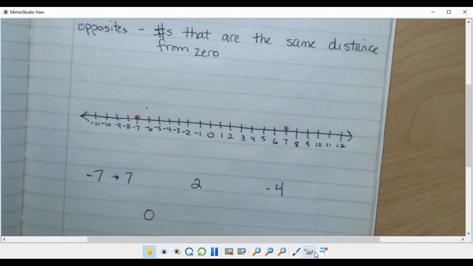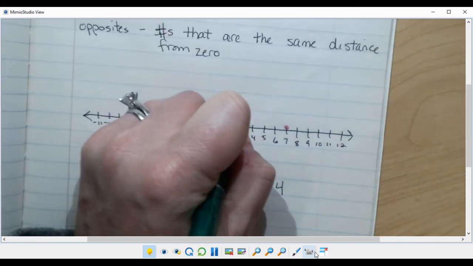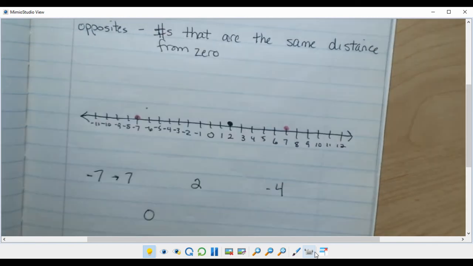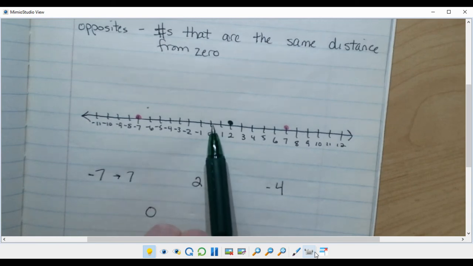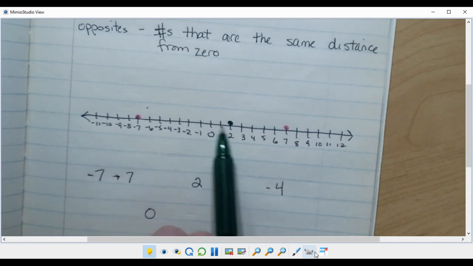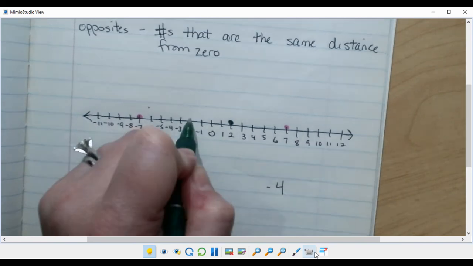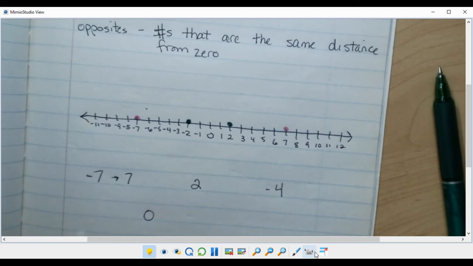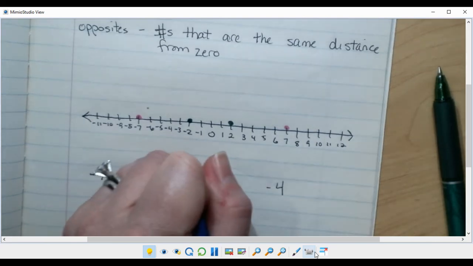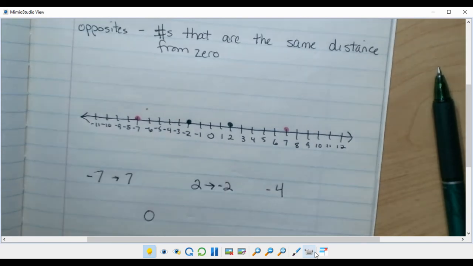Let's look at 2. If I was to put a blob of green paint at +2, I don't think that looks green for you, but you get my point. If I folded this at 0, where will my wet paint blob hit on the other side? Well, this was 2 jumps away, so we'll go 2 jumps. It would hit right here at -2. So the opposite of 2 is -2.